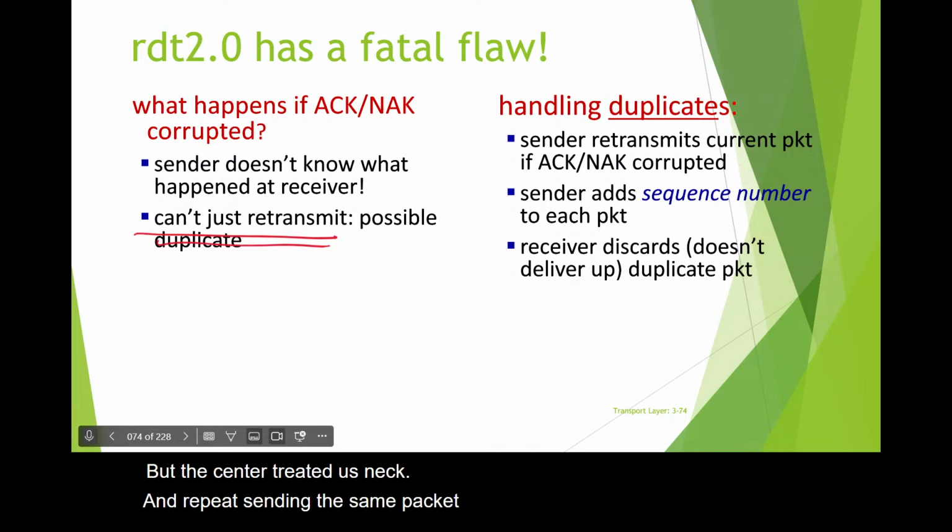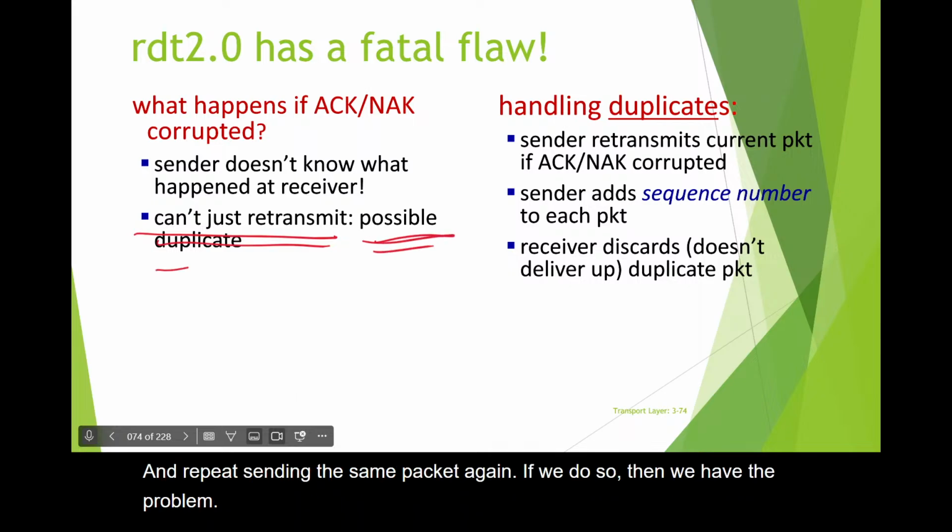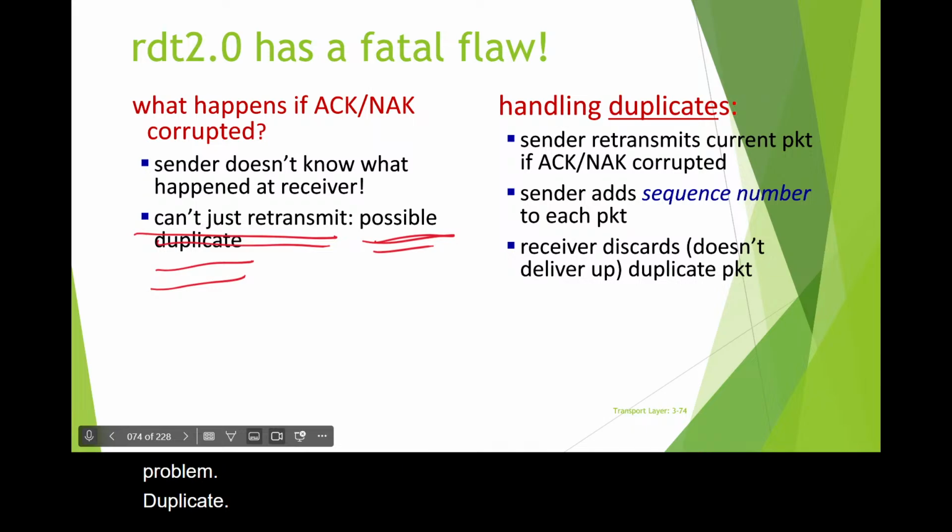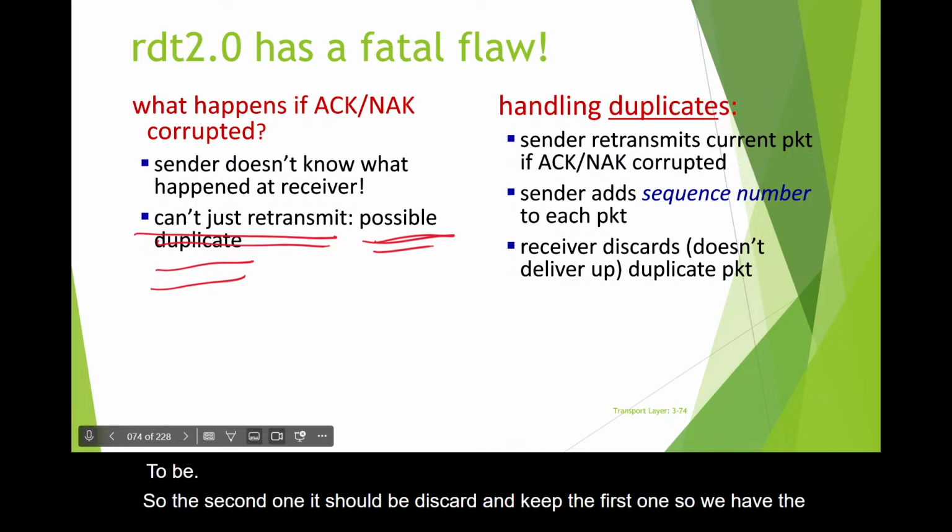If we do so, then we have the problem: duplicate. Duplicate means we have the same packet sent twice. So the second one should be discarded and we keep the first one. So we have the problem of duplicate packets.